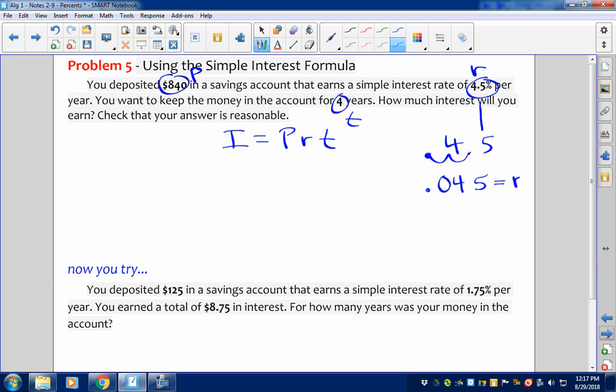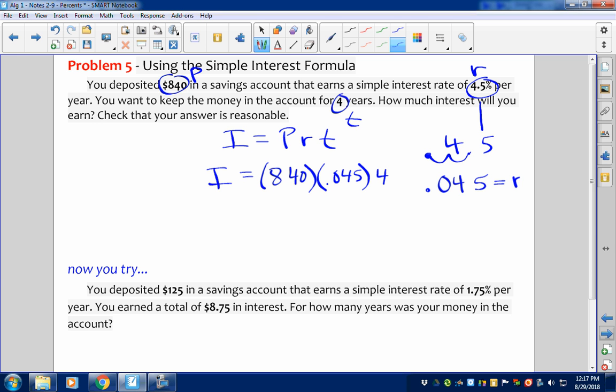So interest here would be principal is $840, rate is 0.045, and then time is 4 years. Although if you're taking out a loan, you do want the interest rate to be lower. And if you're investing money, you want it to be the other direction, right? So can you go ahead and calculate the interest?